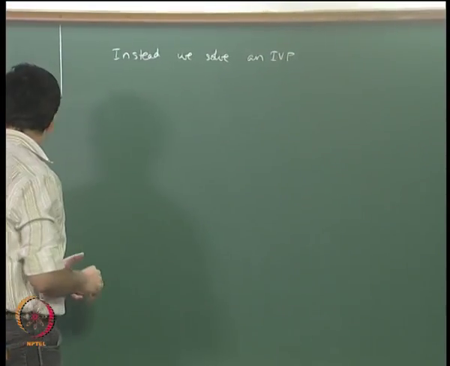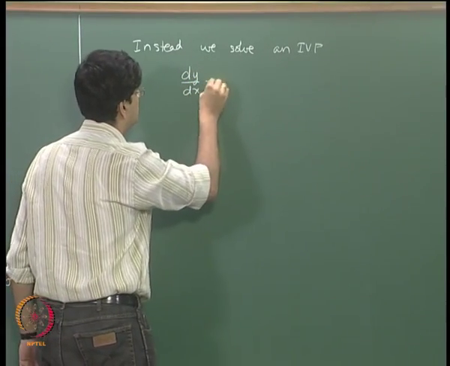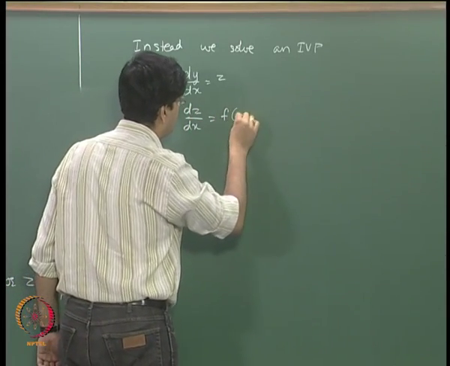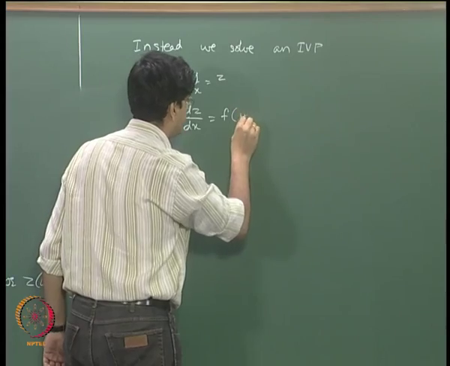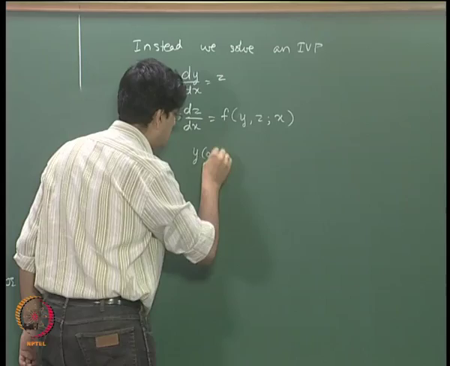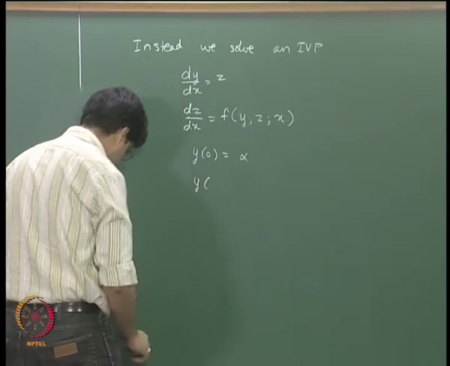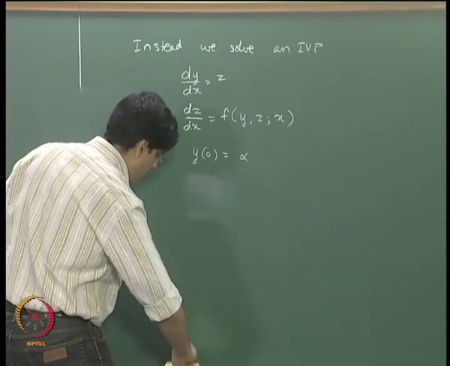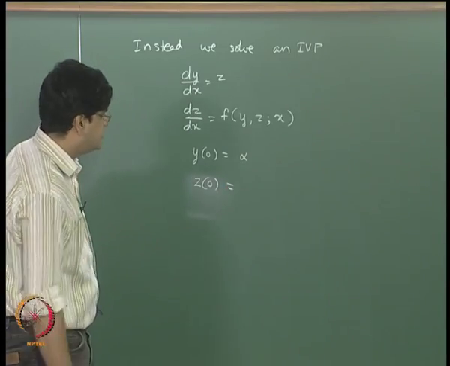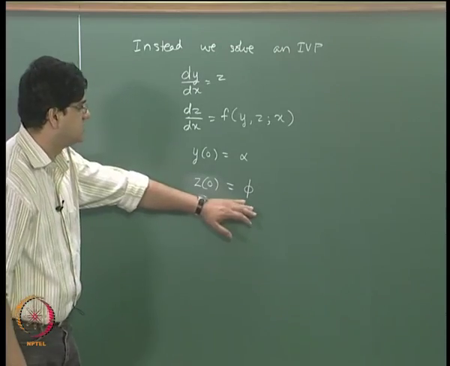The initial value problem that we solved was dy by dx equal to z, dz by dx equal to f of y, z; x, subject to y(0) equal to alpha and z(0), not y, sorry, z(0) equal to some value, let us say phi.